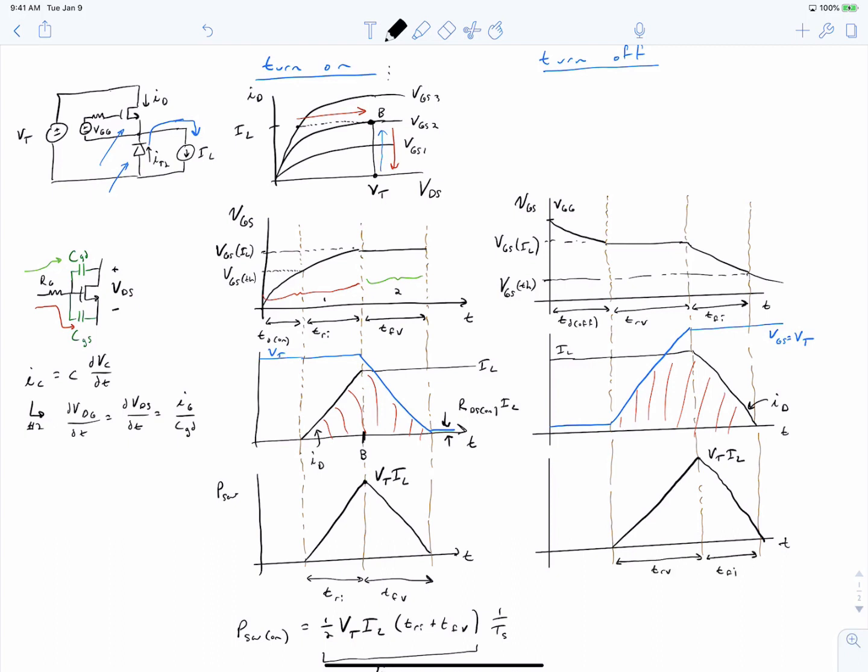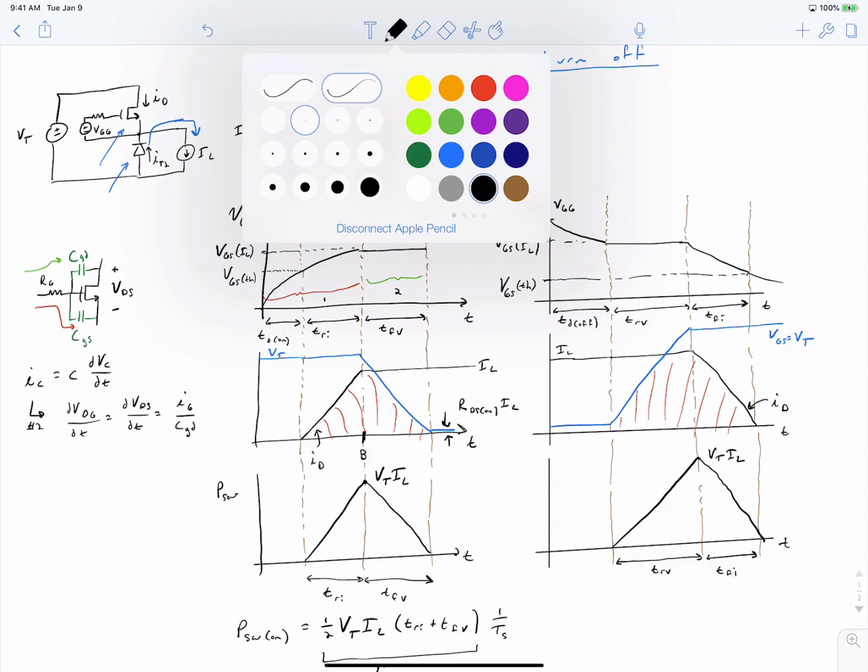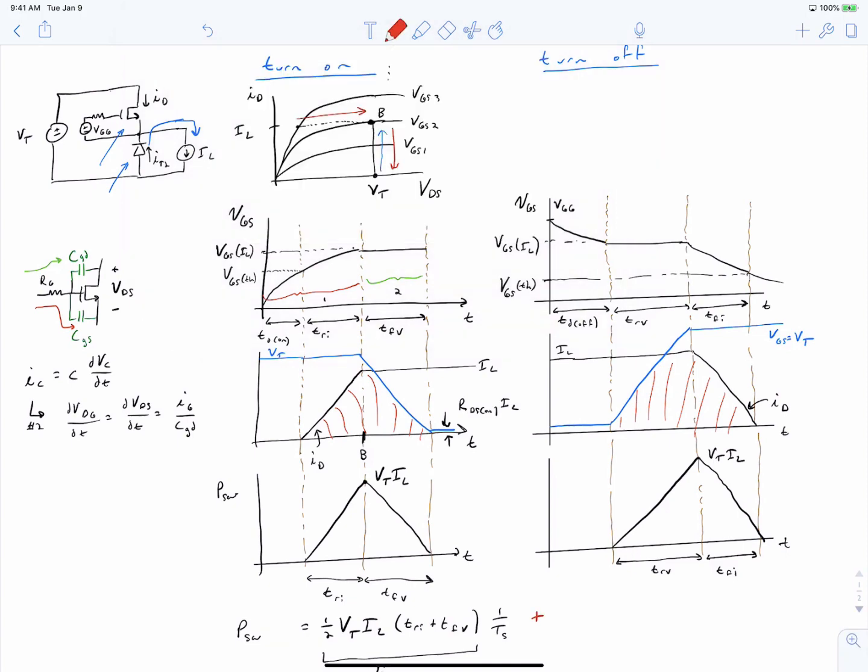So we can now add to our loss expression the power loss terms related to the MOSFET turn-off as being this area underneath this curve is the energy again, and if you multiply that by the switching period, you get the average power. We now have an expression for the power loss due to switching of the MOSFET, both during the turn-on event and during the turn-off event.